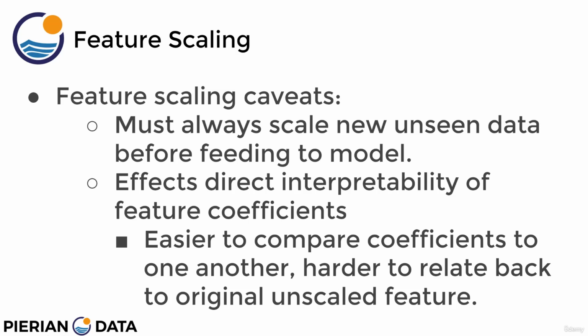While if you scale all the features to the same range, that does make it easier to compare one coefficient to another, it is harder to relate that original feature to that new coefficient since you had to scale it first, which means you are no longer dealing with one unit of the original feature, but instead one unit of the scaled feature. So it's a bit of a trade-off between being able to compare coefficients between each other versus being able to compare coefficients to your original unscaled feature.